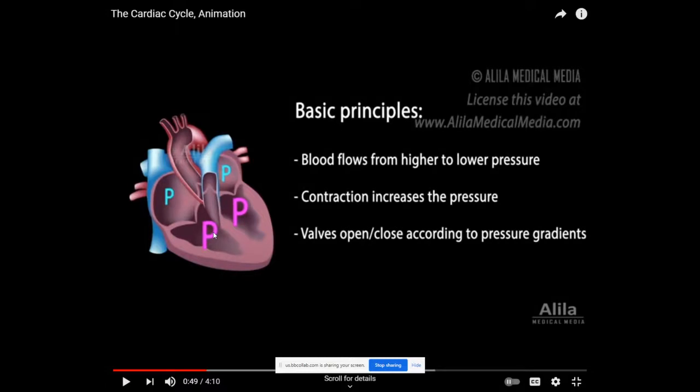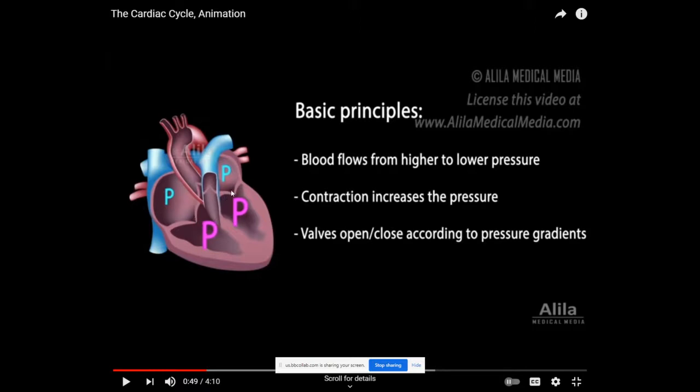They're either open or closed, okay? So they can only open into the ventricle, okay? So the pressure is greater in the atria than it is in the ventricle. That'll force the AV valves to be open. Okay? If the pressure is greater in the ventricles than the atria, that'll force the valves closed.